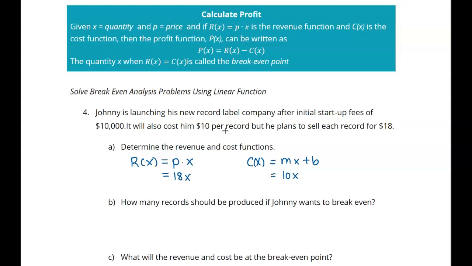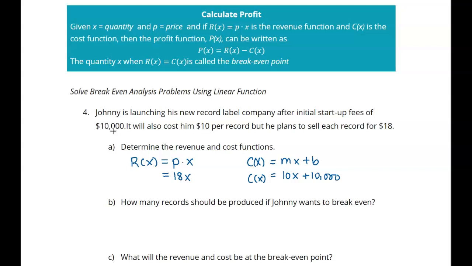And then B is the overhead cost. So he has an initial startup fees of $10,000. So that would be your overhead cost, so plus $10,000. So the cost function is C of X equal to 10x plus 10,000.